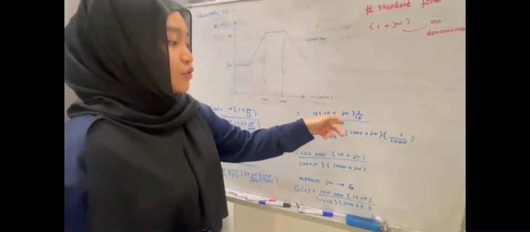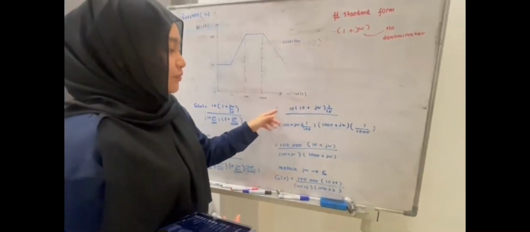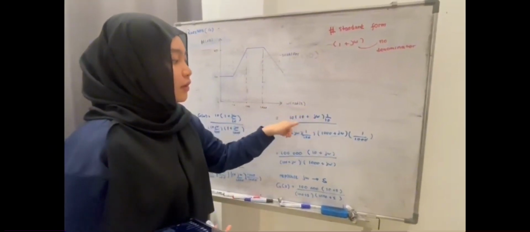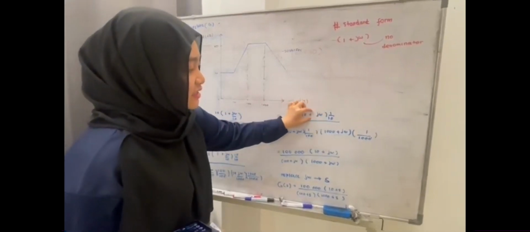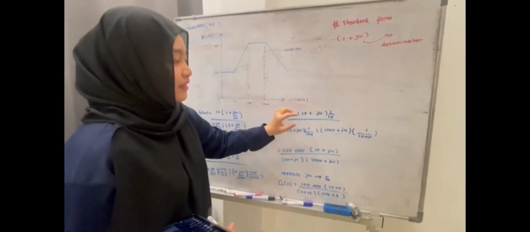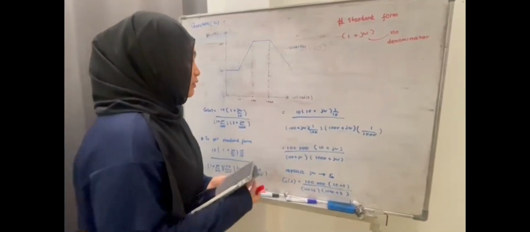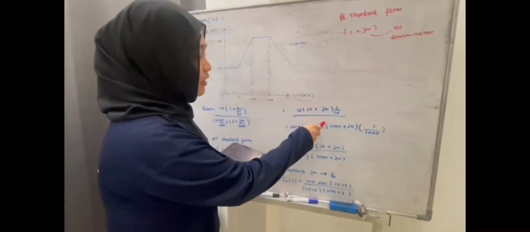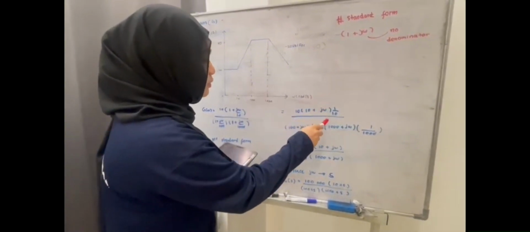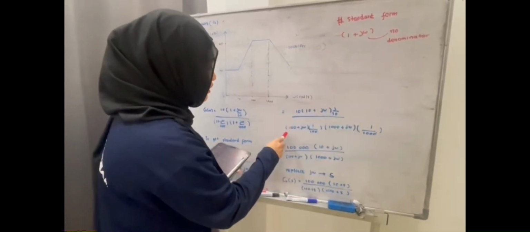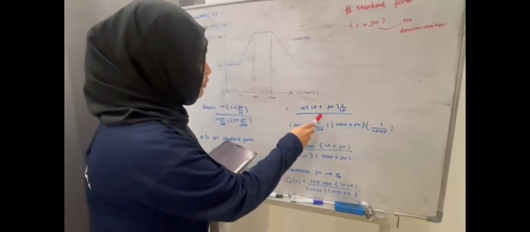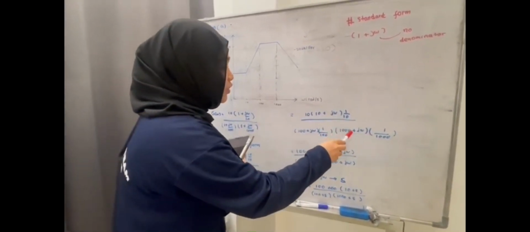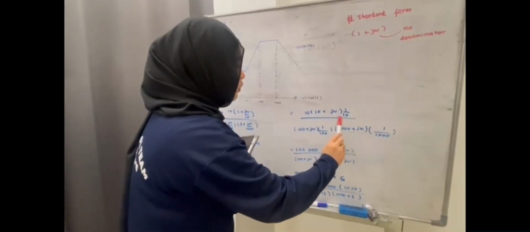To eliminate the denominator, we put aside the 1 over 10, because we just want this form with no denominator. So we will get 10 multiplied by (10 plus j omega) multiplied by 1 over 10. Over here is (100 plus j omega) over 100, and (1000 plus j omega) multiplied by 1 over 1000.